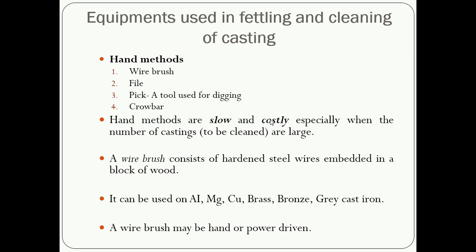That crowbar has the shape of the mouth of a crow, so that we can hold the coarse and bigger particles on the inner surface of the casting. After breaking of that core, we have to remove the big particles of that sand from the inner surface of that casting, so we can use this crowbar in that manner. These are the hand methods of cleaning the surface of casting or for removal of the adhering sand.